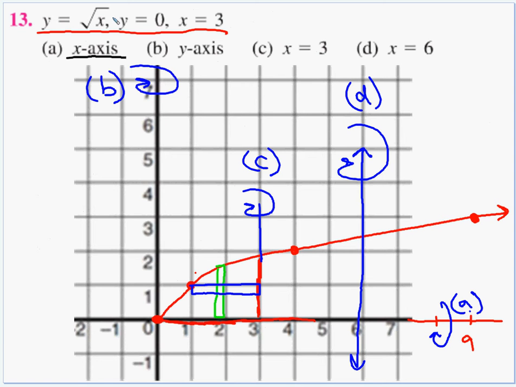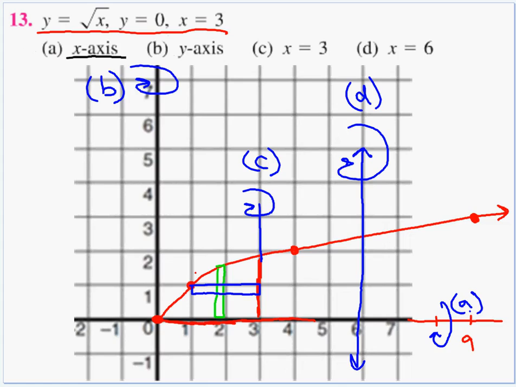Part B. Part B is now y-axis. Okay, so here it might be a little trickier. Let me do this. Our volume is going to equal pi integrated, and then we're going to do outer radius minus inner radius squared, and this is to the y-axis. So everything's going to be in terms of y.